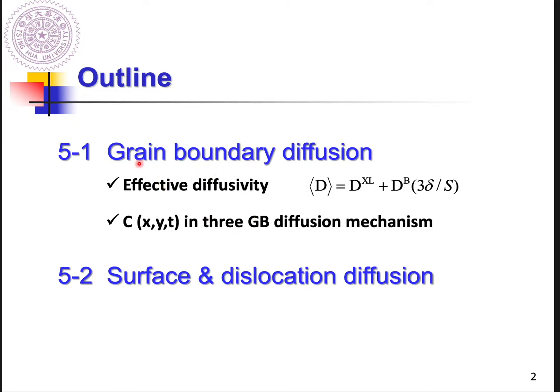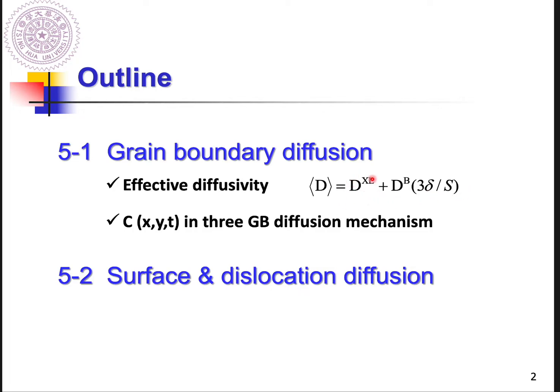In this part, you are going to learn what we call the effective diffusivity. What is the effective diffusivity? It's a measurable diffusivity. You can measure the effective diffusivity of your material. To obtain it, you need to consider all possible diffusion paths for the atoms to diffuse in the material.